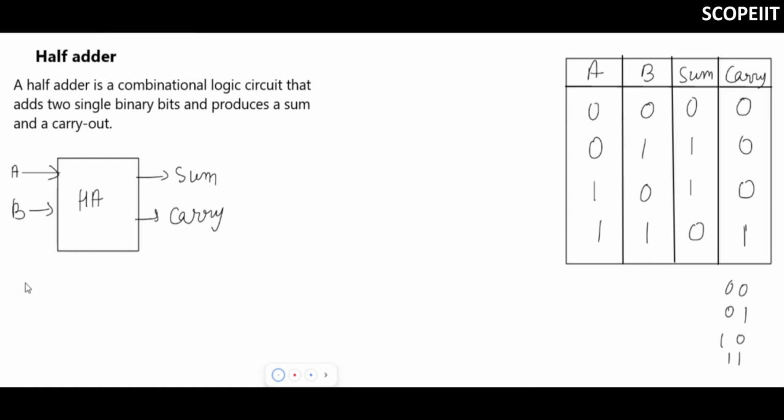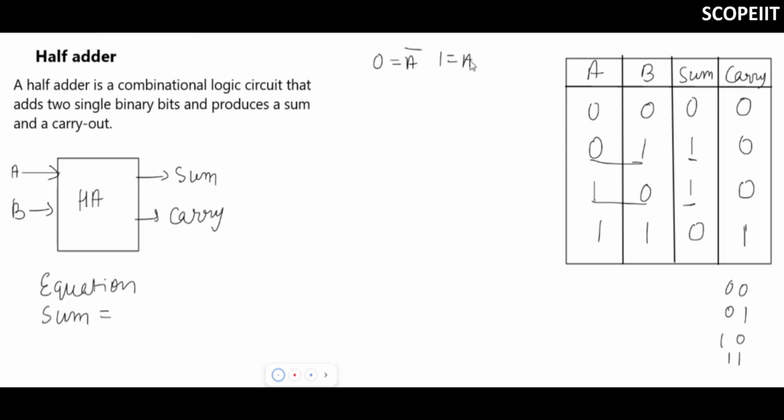After this we need to generate the characteristic equation. What is the equation for the half adder? Here the outputs are two, sum and carry, so first we will get the equation for sum. Look at the sum column, where you have 1 here and here. Take it horizontally. I already explained in many videos that 0 means bar and 1 means no bar.